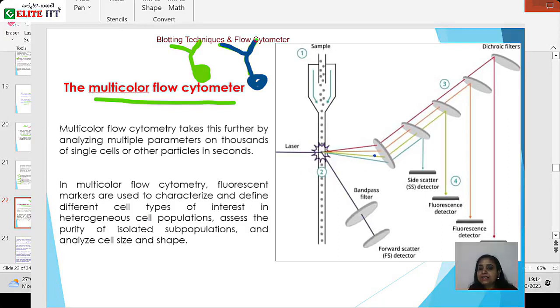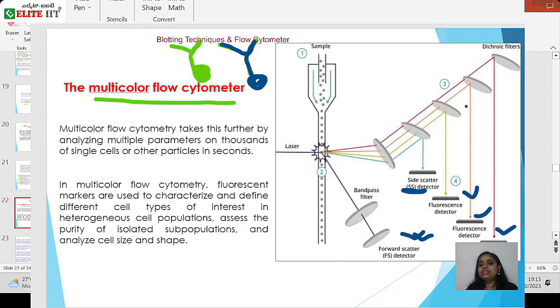Here you can see, one is the forward scatter. Now, the side scatter is actually involved, with one side scatter detector. This is there, but for the different fluorophores, you will get different fluorescent detectors. Different fluorescent detectors will give you different results.